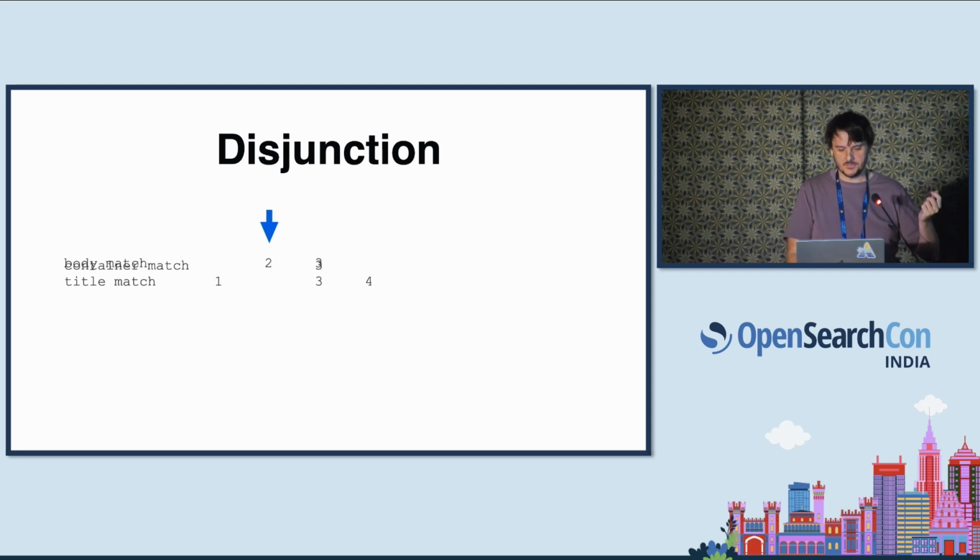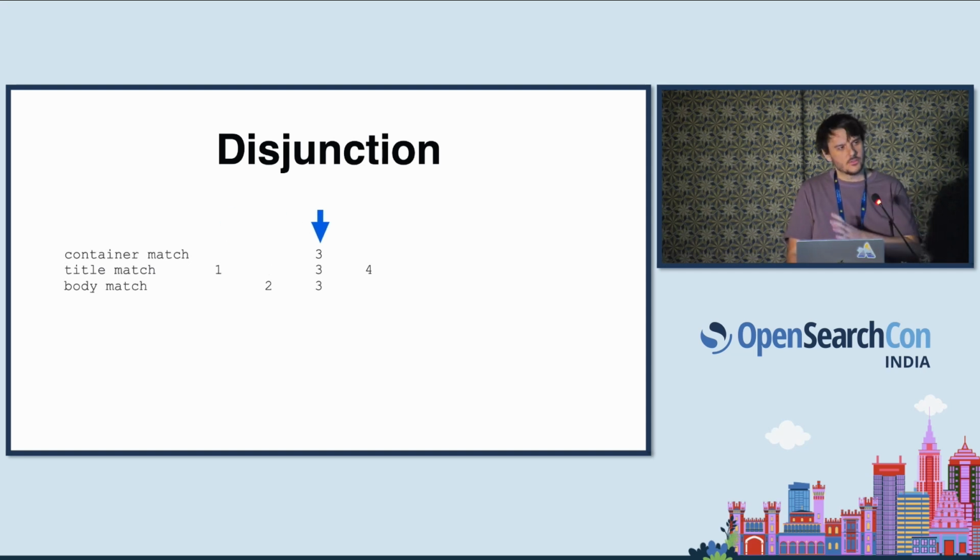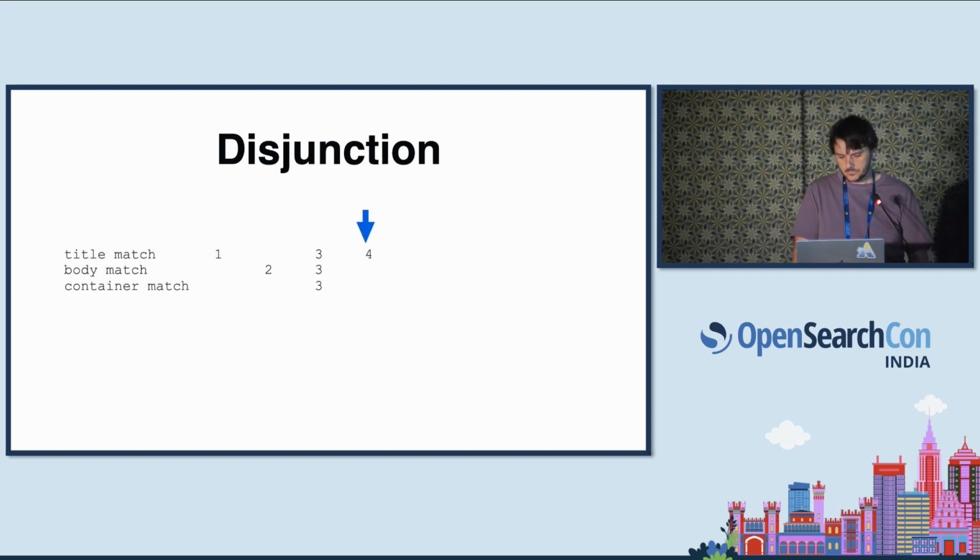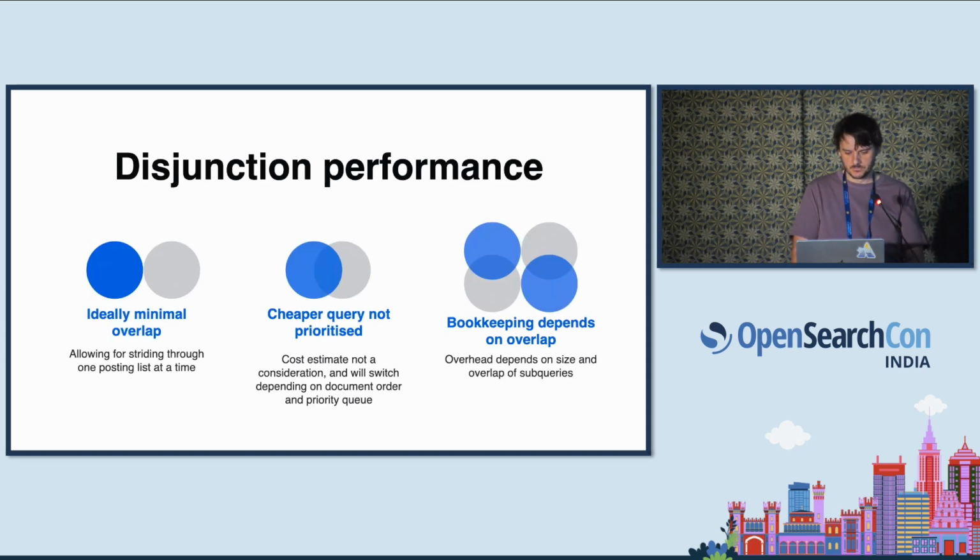We've got number two matching. Now, when we get to one where it has overlap, it matches, but then it needs to do a bit of additional bookkeeping and make sure it advances each one of those subqueries past that until it reaches all of them that have passed that document in their iteration. And then finally, it advances to the final document.